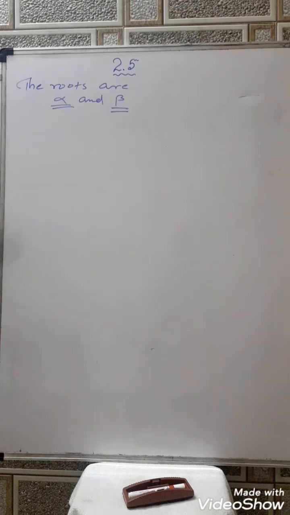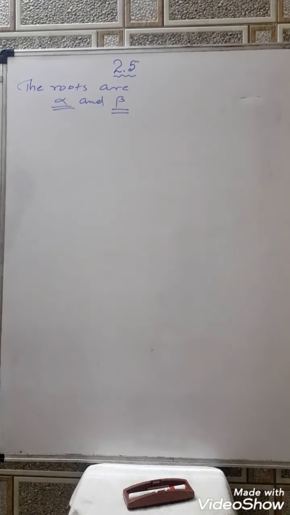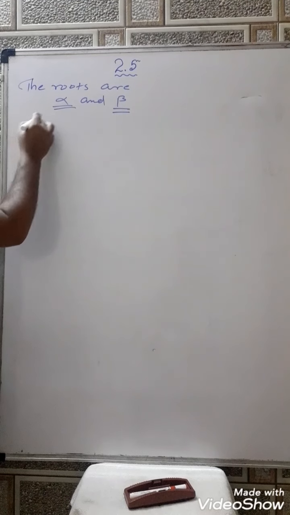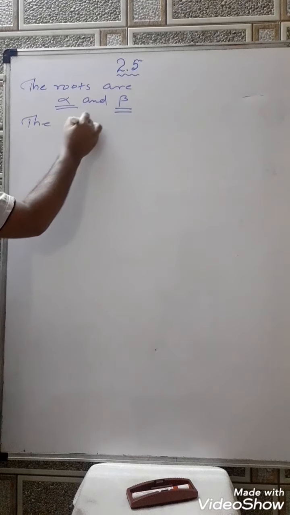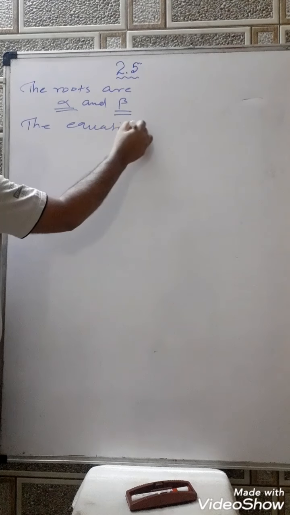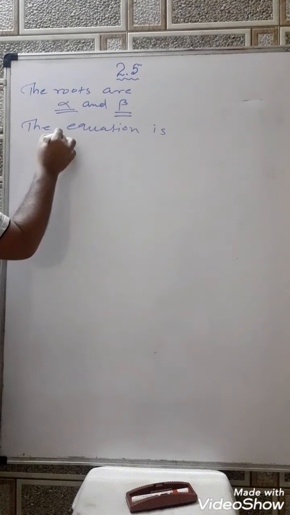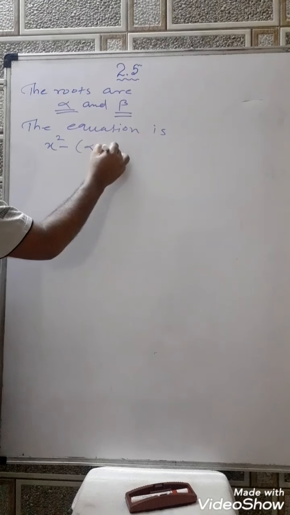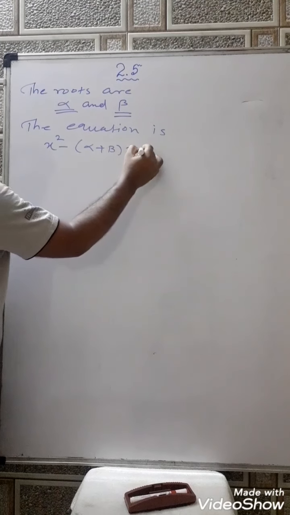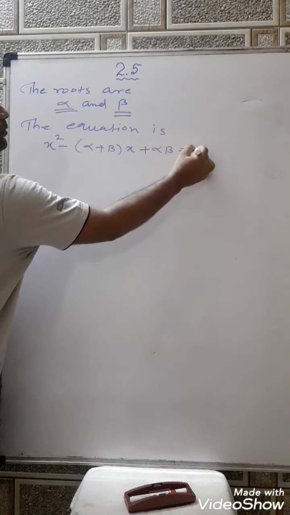So how do we find these roots? We use the equation: x square minus sum of the roots into x plus product of the roots.